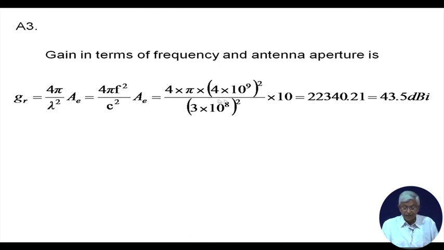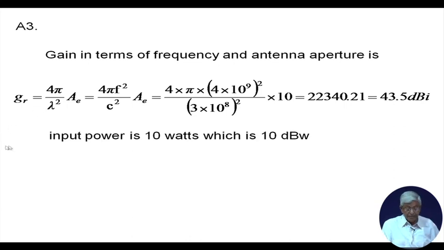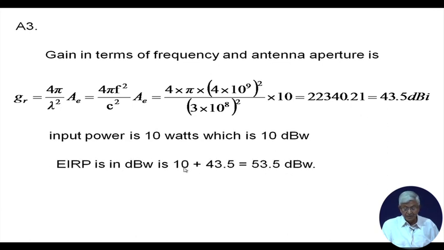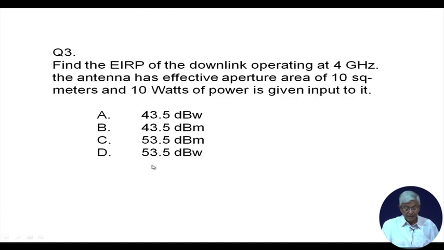You put all these values, you will get a number in terms of dB, 43.5 dBi, that is the gain. And the power is 10 watts, which you convert to dB, it will become 10 dBW. So, EIRP is transmit power plus antenna gain, which is 53.5 dBW, and obviously the appropriate option is D. Let us go back. The appropriate option is D. It is 53.5 dBW, not dBm, and we got 53.5 dBW.